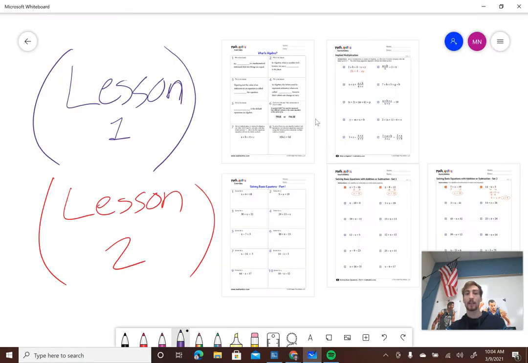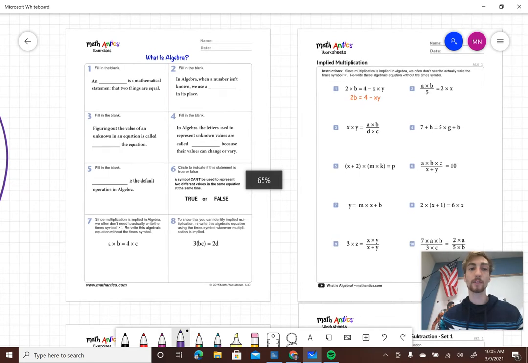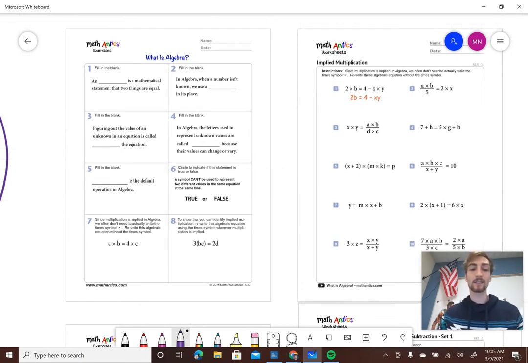Let's go ahead and take a look at the worksheets. So these top two are for lesson 1 and these bottom 3 are for lesson 2. So your exercise sheet for What is Algebra is right there on the left. And you're just going to write in the blanks. So a blank is a mathematical statement that two things are equal. That would be an equation.